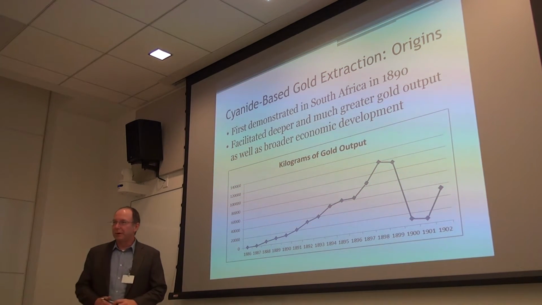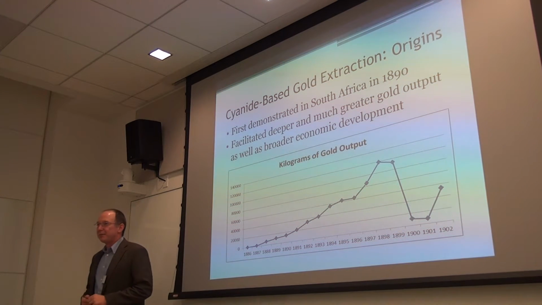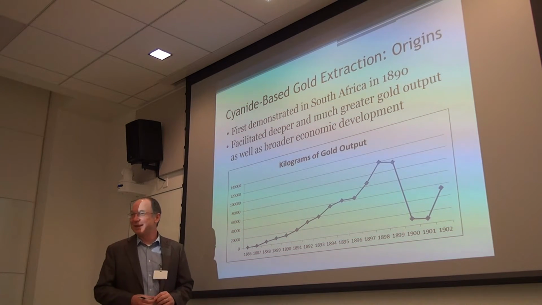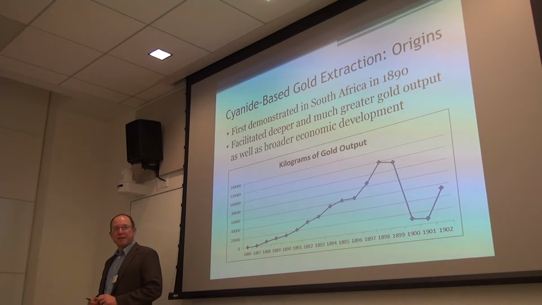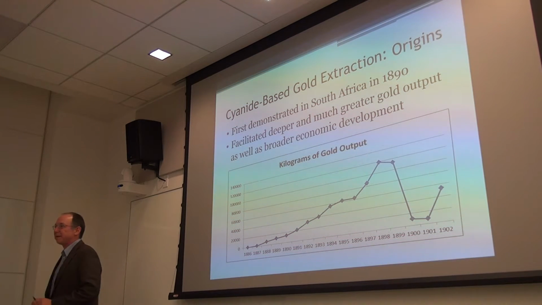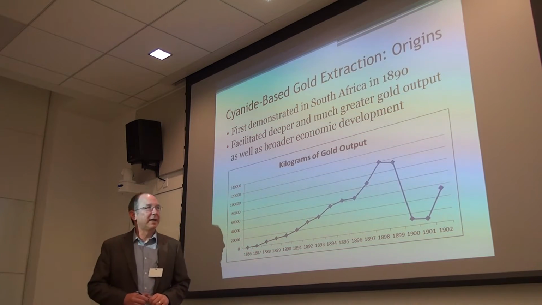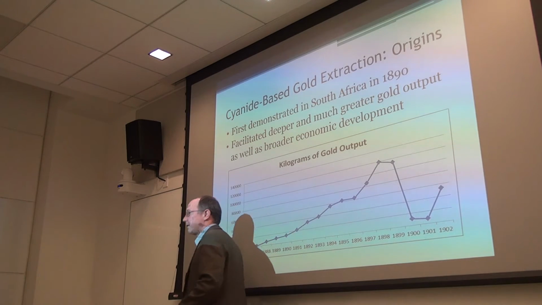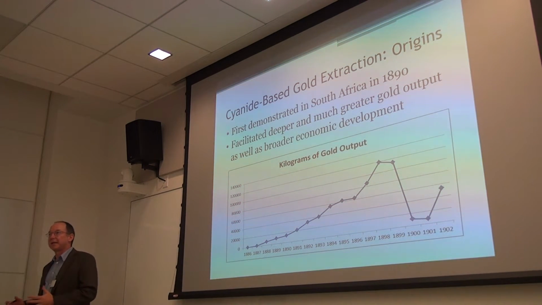We had a little war because the British and the Afrikaners didn't agree about their development path, and the British decided they had the best interest of the Afrikaners in mind. And so with Cecil Rhodes and some other characters, they fought the Second Anglo-Boer War, and as part of the British Empire, then after 1902, the gold production again took off with the cyanide technology in place.